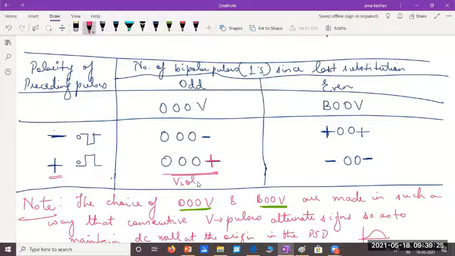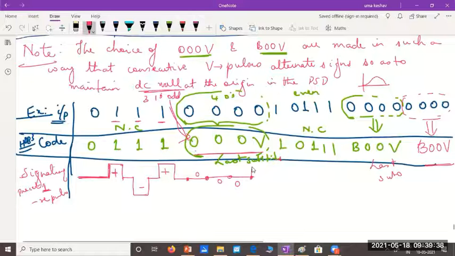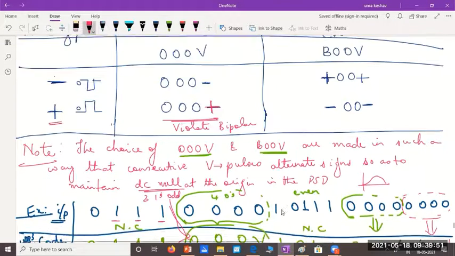We say this is to violate the bipolar rule. So if the preceding pulse was positive, in this 0, 0, 0V, the V which I have included should also be positive. Is that clear? So please remember these rules. If the preceding pulse was positive, I'll put a positive in this V position.